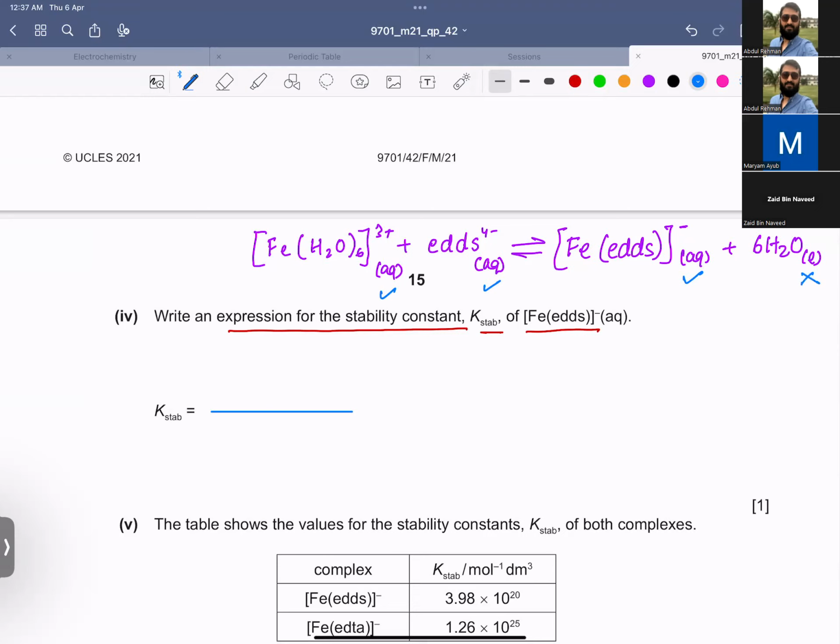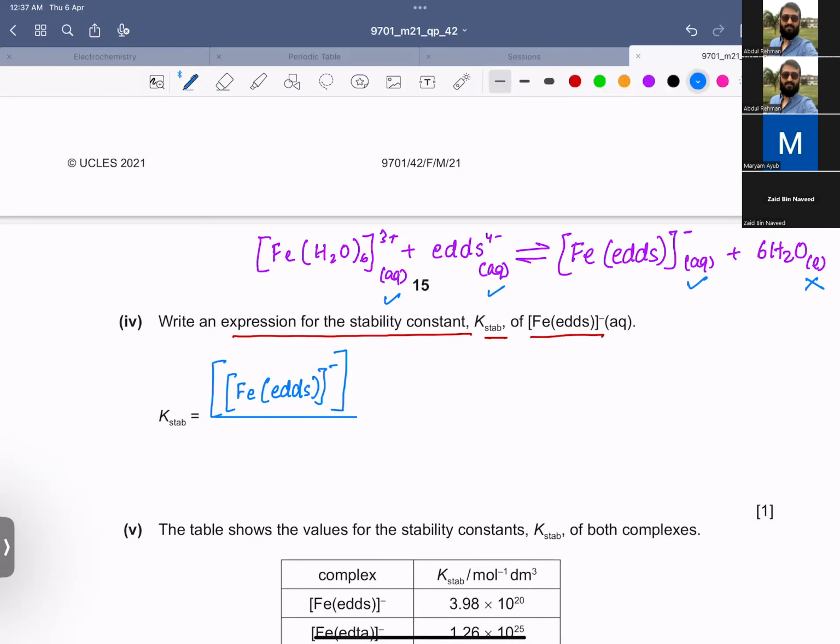Same as Kc, the concentration of the product is written in the numerator, with another square bracket for the concentration, then divided by the concentration of the reactants times EDDS4 negative. Is this clear?